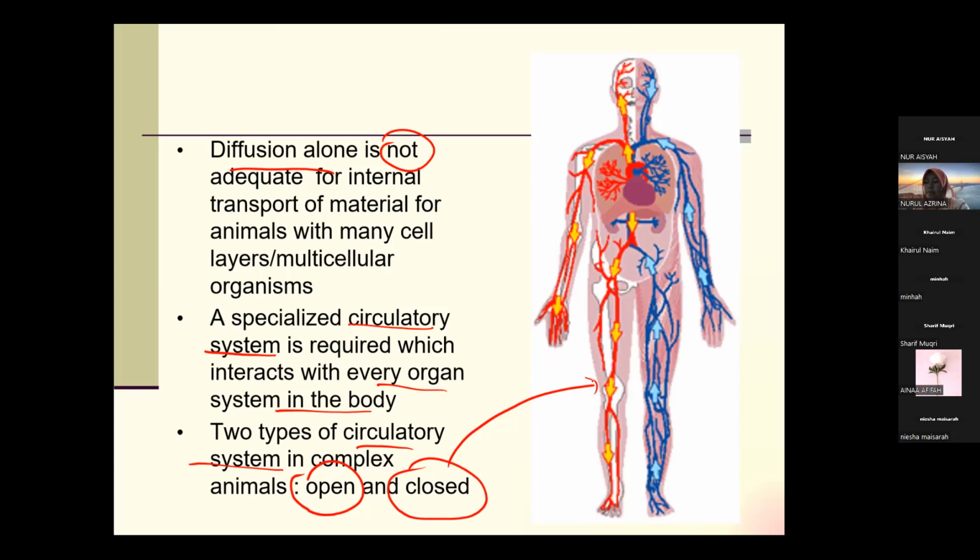As for open circulatory system, the bodily fluid will be mixed with the external environment. So this is what you have learned before. Example, the open circulatory system that we have in grasshopper. Kan you belajar di sekolah.